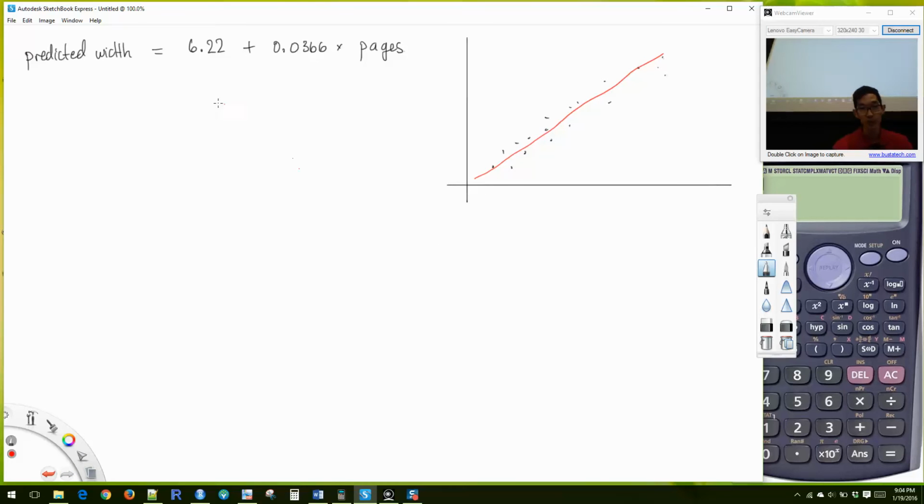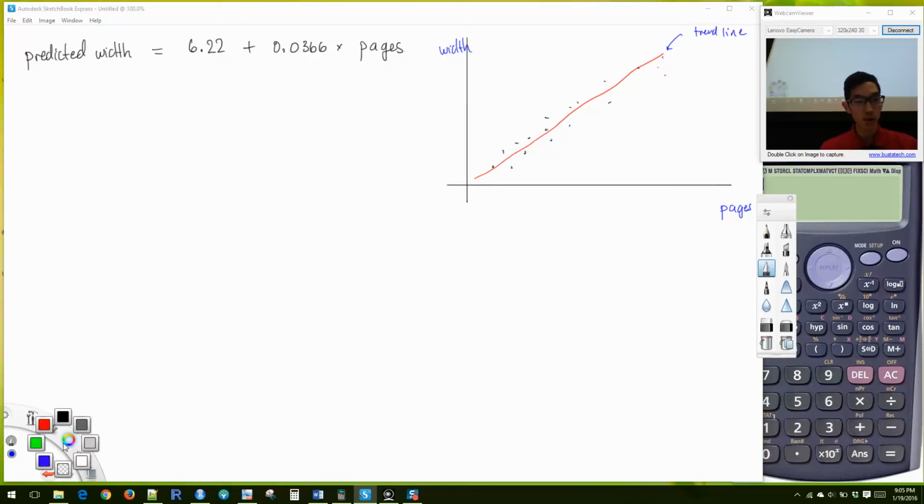This is what happens if you graph this. On our x-axis, we have pages, and on our y-axis is the width. And this red line is our trend line, which is predicted width is equal to 6.22 plus 0.0366 times pages.